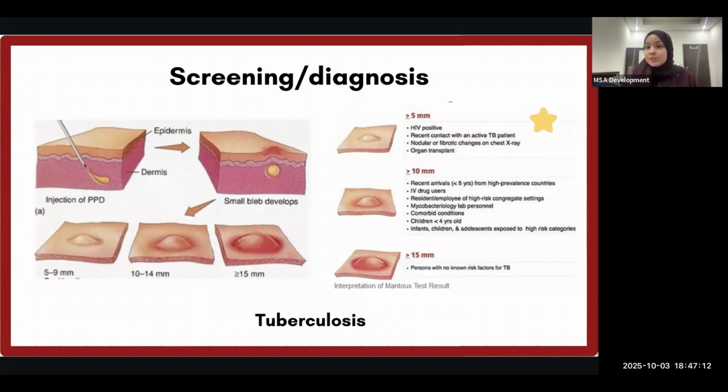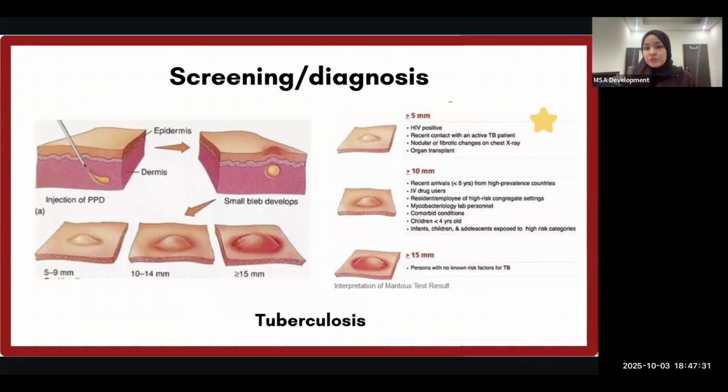It's something completely new to their body. However, if someone has already been exposed to TB, or has a weaker immune system, they won't be able to form this big of a reaction.